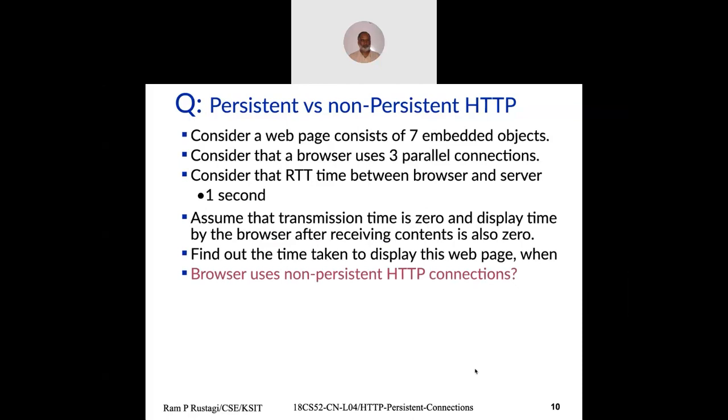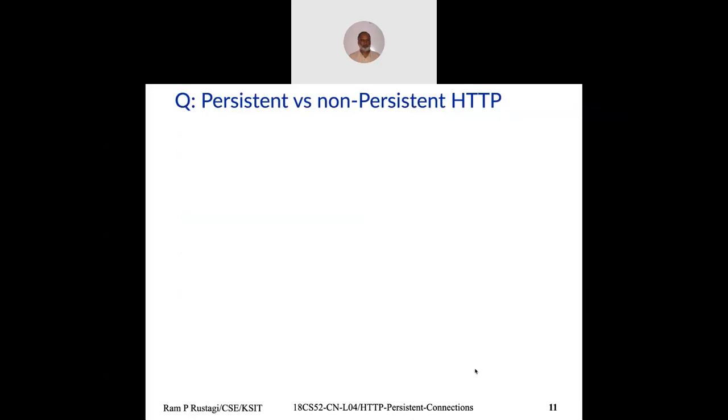Now, if you were to make a persistent HTTP connection or a non-persistent connection, how much time would it take before the browser can display the content? Let's start with non-persistent first, and then we do persistent. We said there's a main web page which has 7 embedded objects.